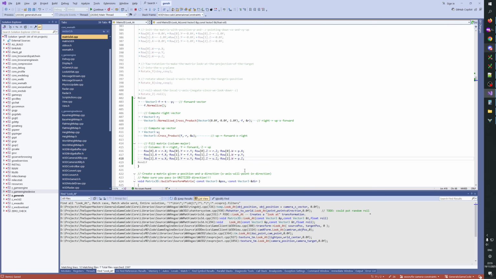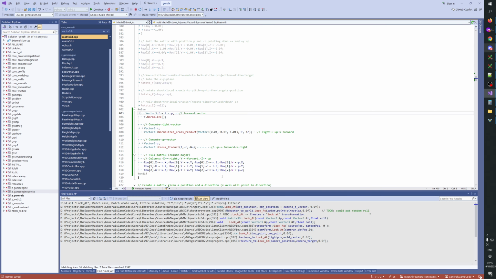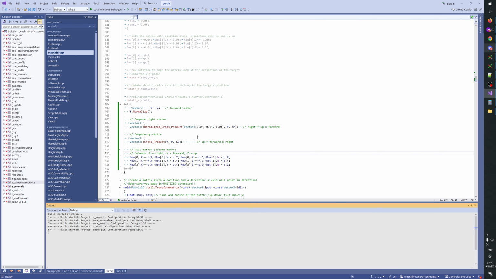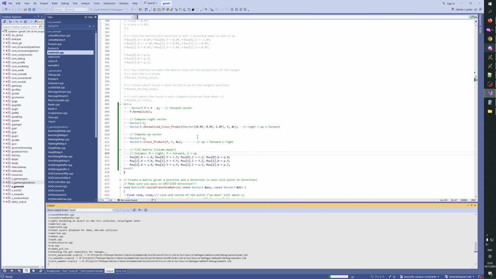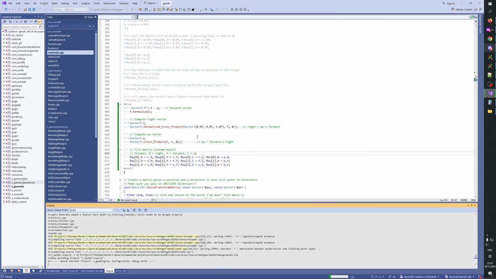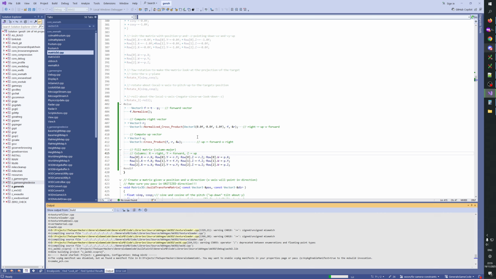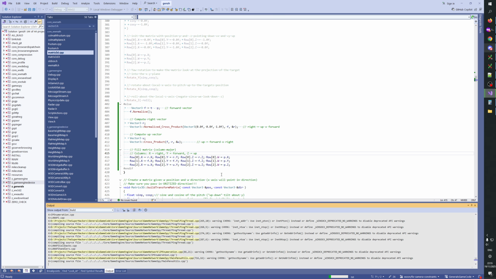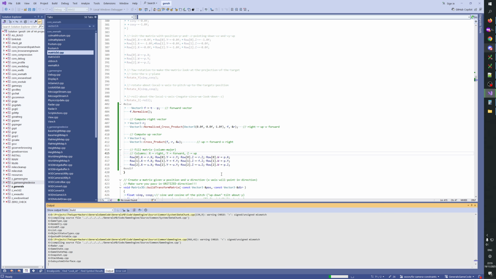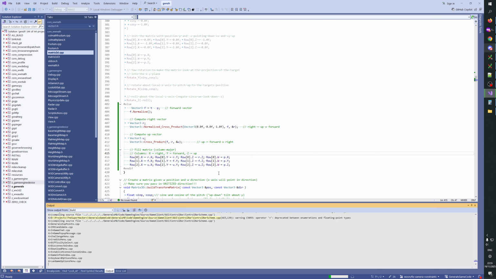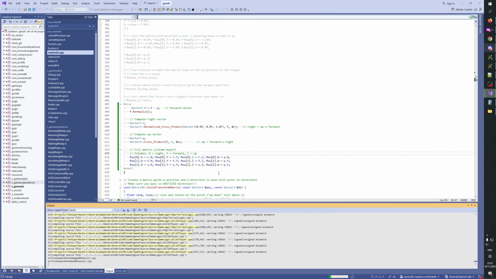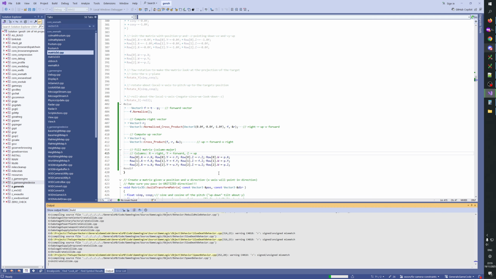Okay. It looks simple enough. Let's see what the game says about it. The compiler, I mean. My expectation is that it doesn't work.